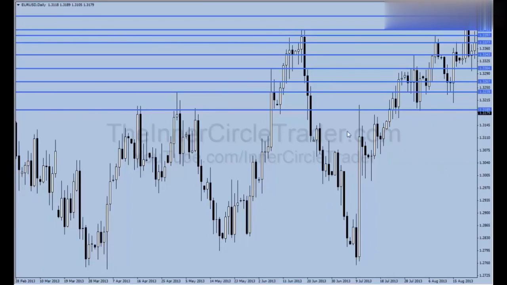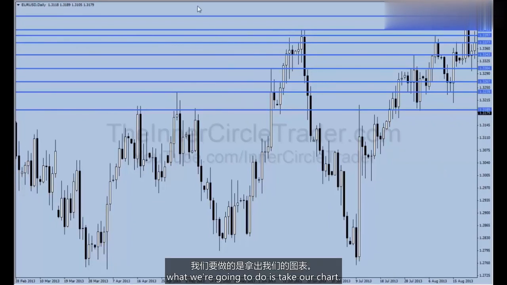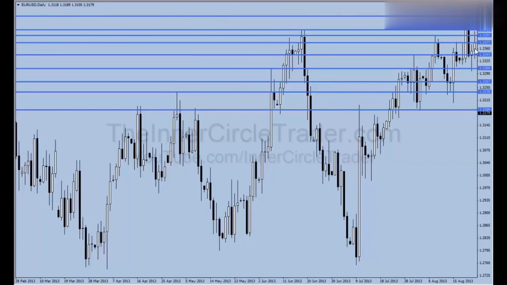Okay. So what we're going to do is we're going to take our chart and we're going to drill down to a 4-hour basis. And we're going to be just simply looking at the market from the standpoint of August 23rd.